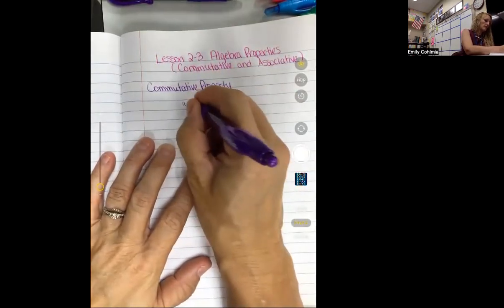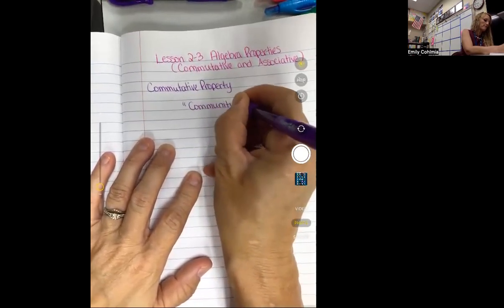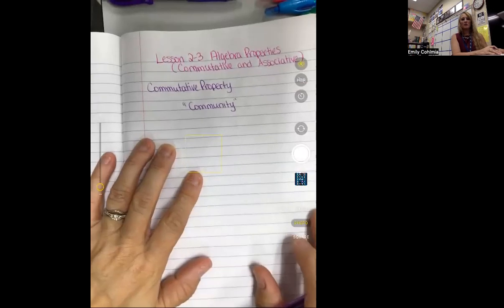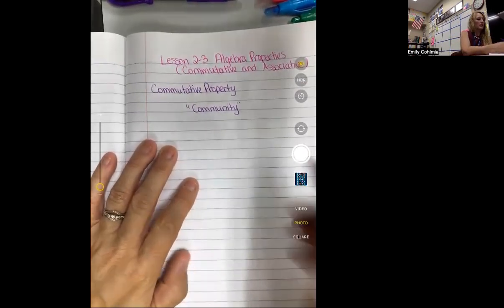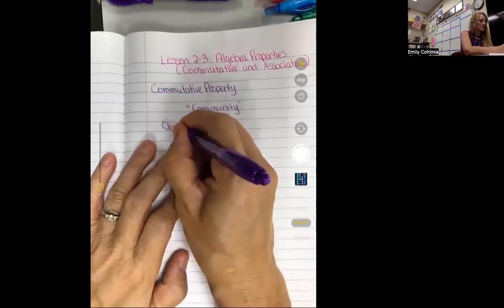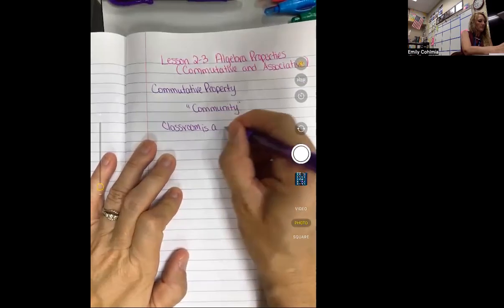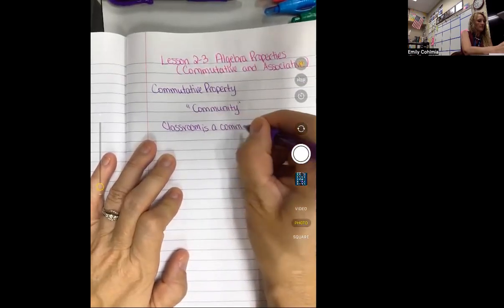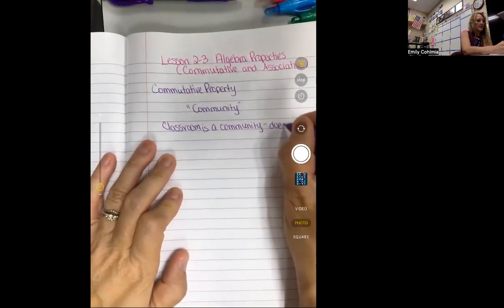First of all, I think of commutative as kind of like community. So in a community, it doesn't matter where you're sitting. So think about a classroom as a community. It doesn't matter where you sit.